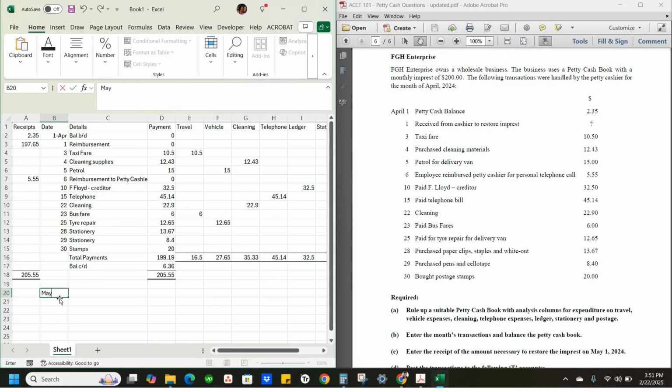So let's do that. So we come at the bottom here and we would type May 1st. Our description should first be our balance brought down from April, and that was the $6.36. Okay, so that's our starting balance for May, and we're now going to show our reimbursement.